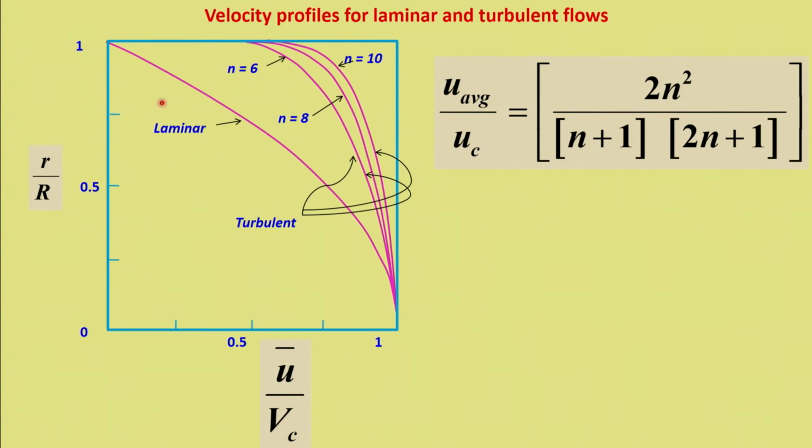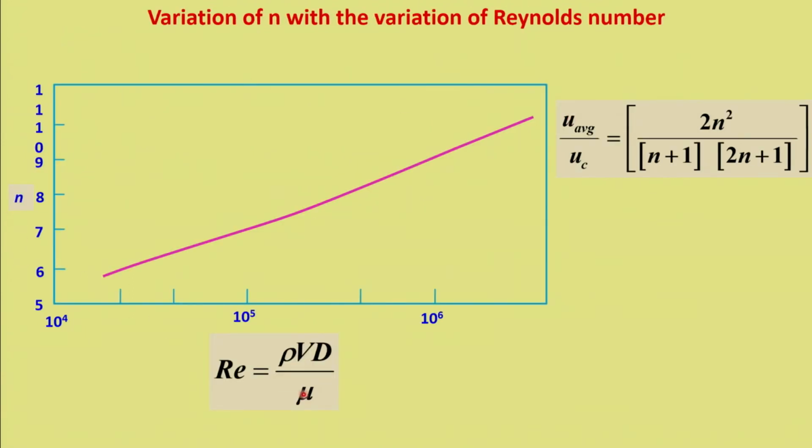If you see this plot, this is the laminar one, which is parabolic, and as n is increasing, 6, 8, 10, my profile is becoming fuller and fuller. If you see n as a function of Reynolds number in the next slide, n is increasing with the increase of the Reynolds number.